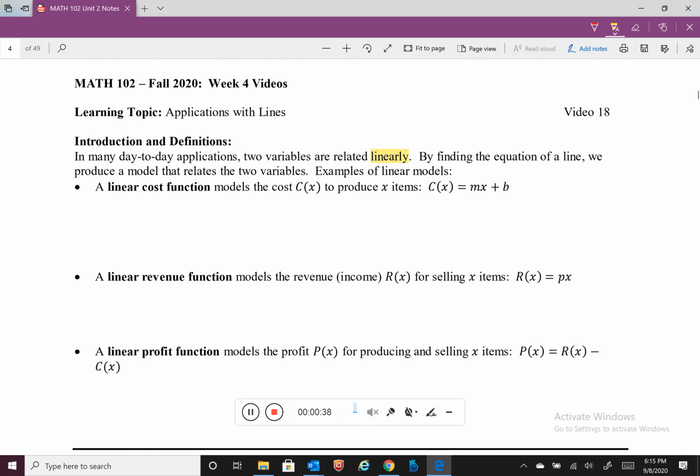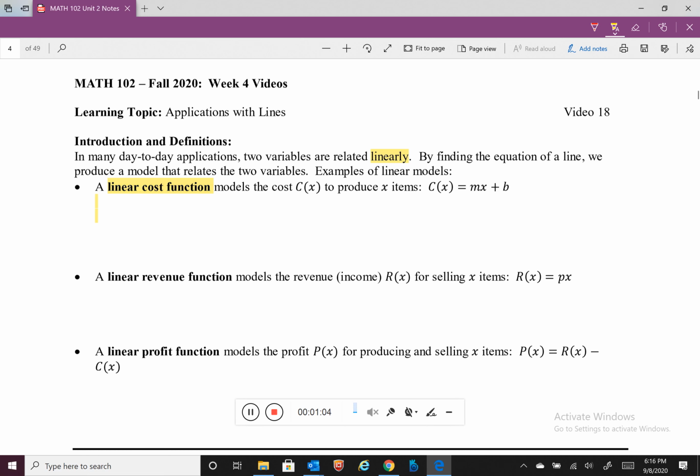So the first one is a linear cost function, and that models the cost, which is denoted by C of X, to produce X items. So I want us to take a few moments to look at all of the pieces of this. So C of X is composed of mx plus b.